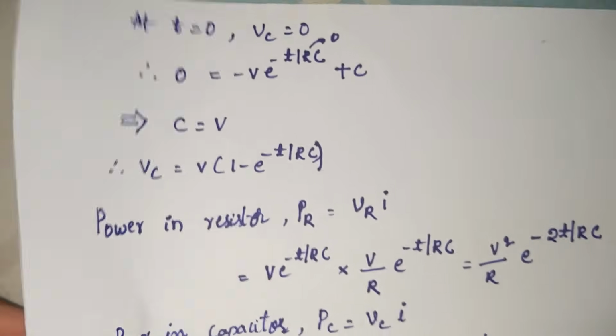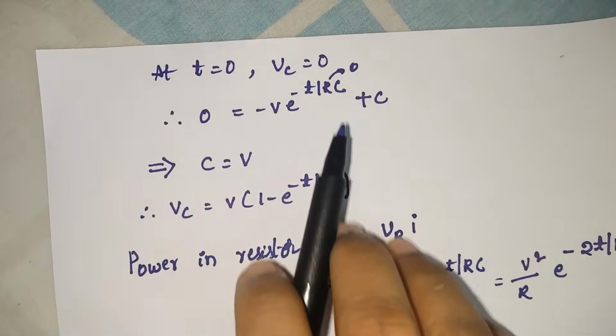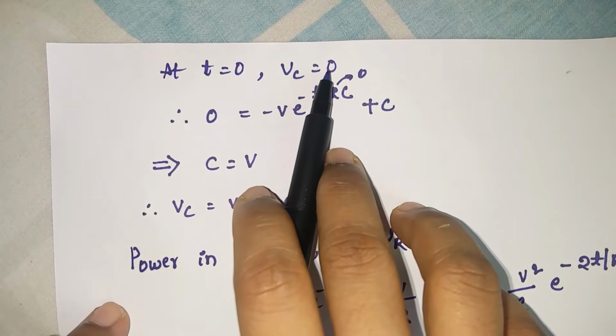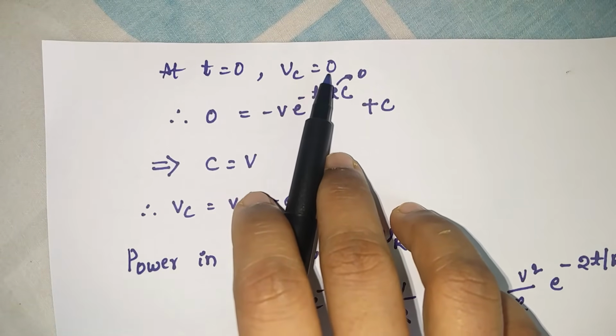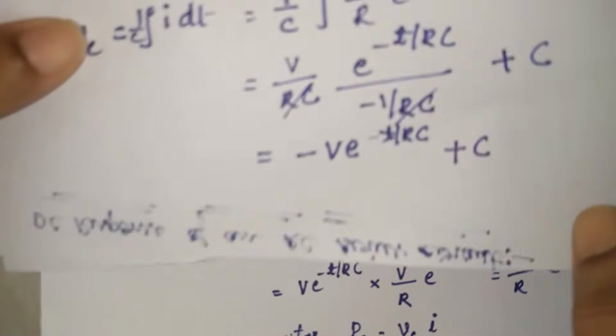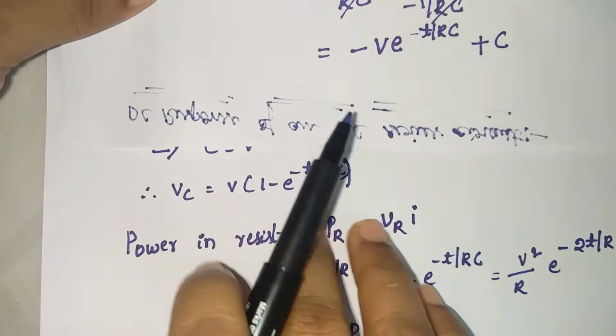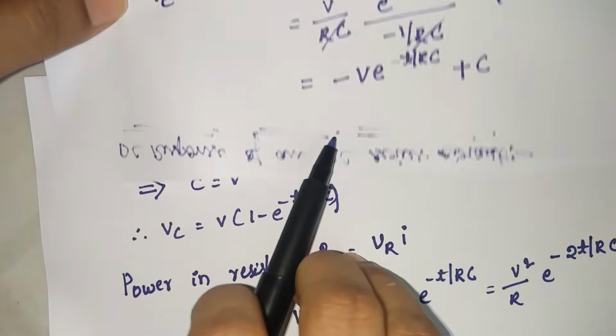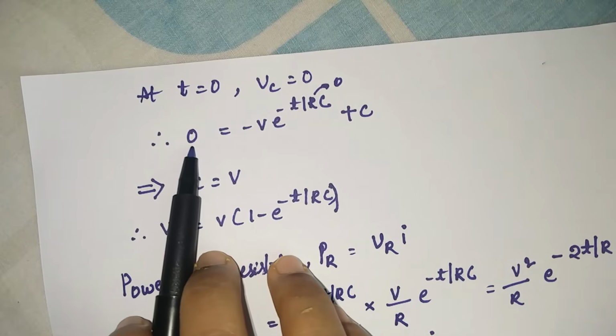Okay, right. So at t equal to 0, what I said? Voltage across the capacitor is equal to 0, right? So therefore, in this previous equation, this is the voltage across the capacitor, which is equal to 0.